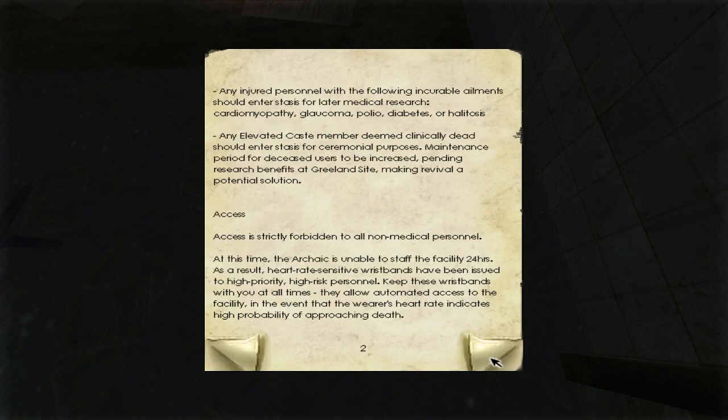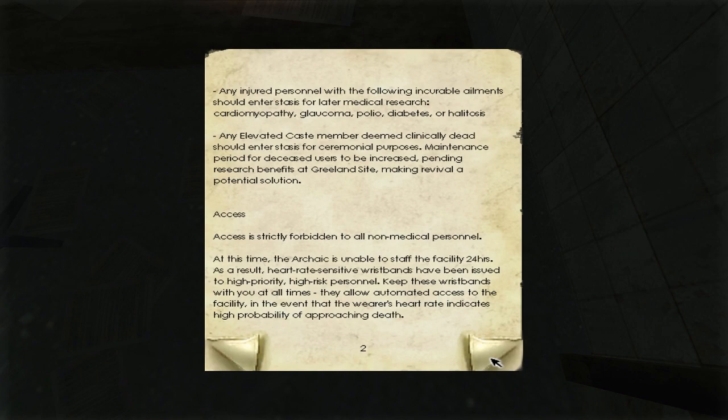Any injured personnel with the following incurable ailments should enter stasis for later medical research. Okay, glaucoma, polio, diabetes, halitosis. Any elevated caste member deemed clinically dead should enter stasis for ceremonial purposes. Maintenance period for deceased users to be increased, pending research benefits at Greenland site, making revival a potential solution.